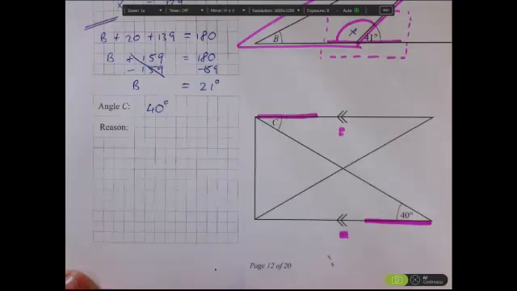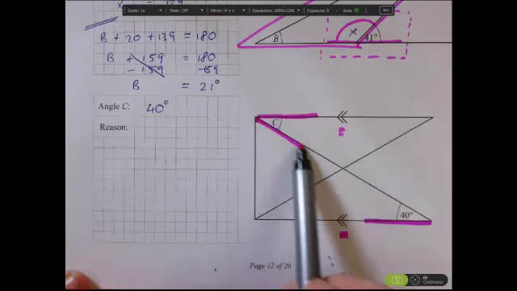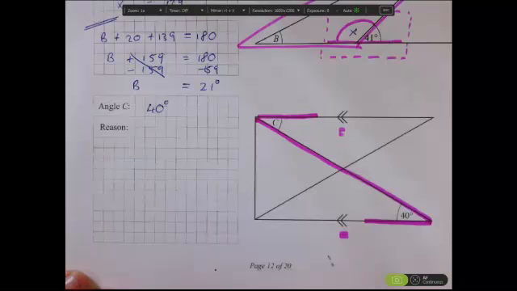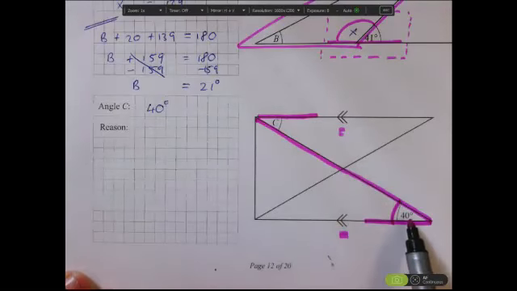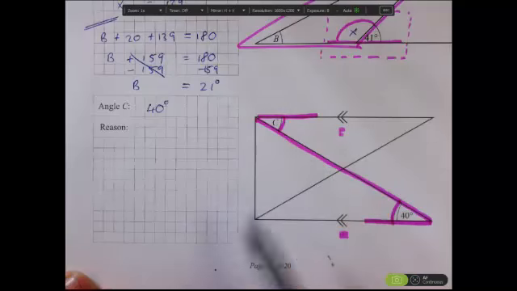Whenever you've got two parallel lines and a line that joins them, that line is called a transversal. We can say that if you can create the letter Z, you can see it there, the angle in one corner of the Z is equal to the angle at the other corner. Now, for your reason here, you won't be able to say the Z thing or anything like that.